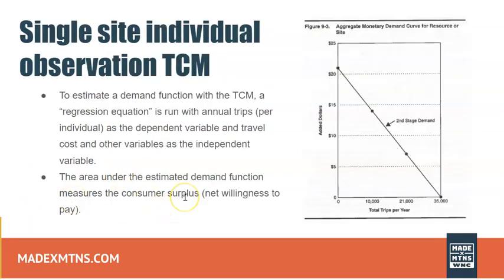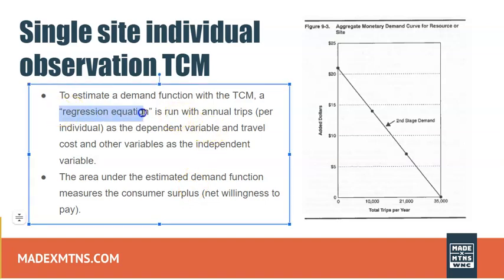Okay, the single site individual observation travel cost method. After we collect these data, we can estimate this demand function with what's known as a regression equation. This is just the statistical approach that we'll use. So we run a regression equation with annual trips as the dependent variable and travel cost and other variables as the independent variables.